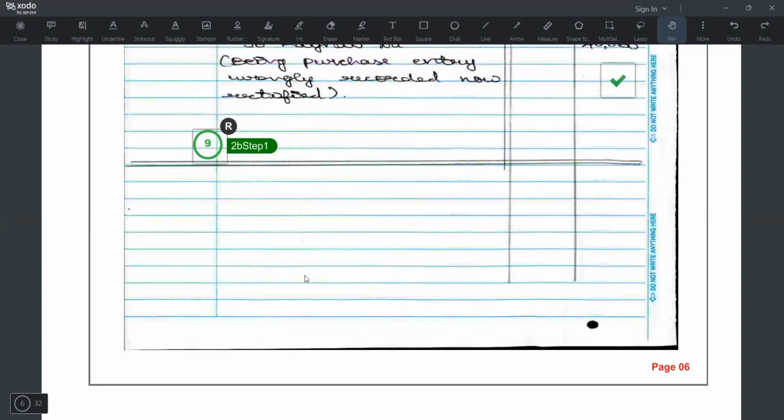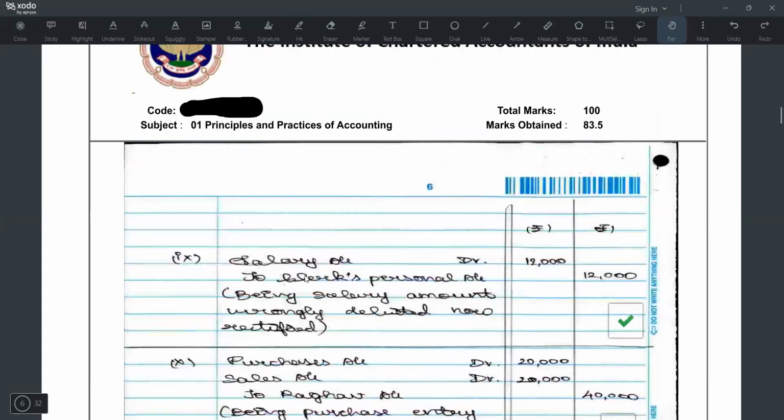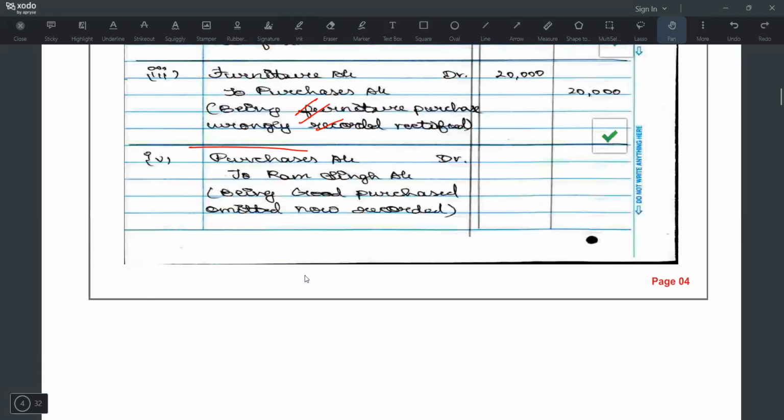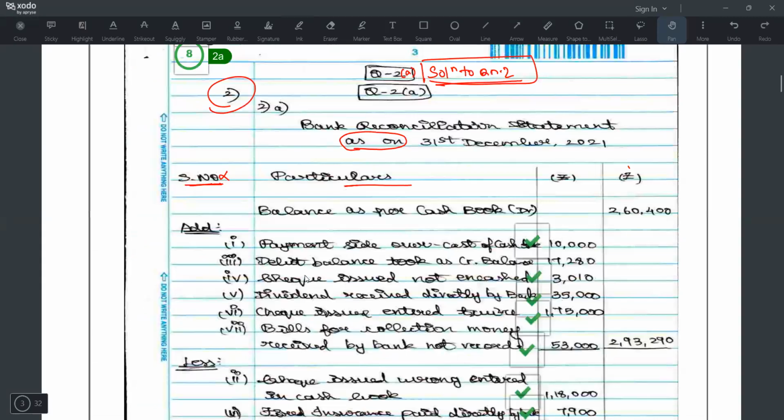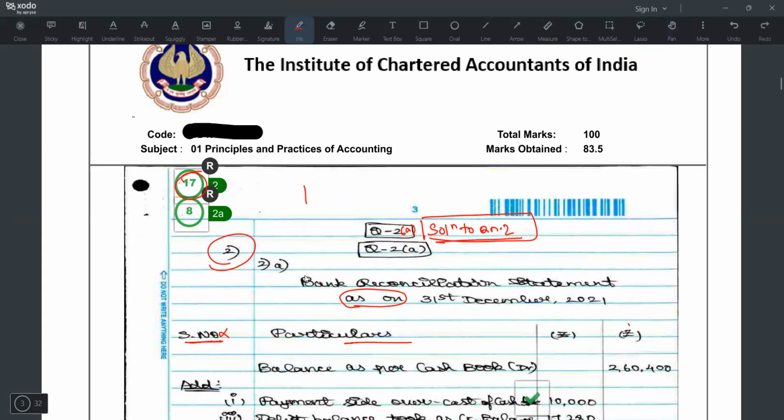He has perfectly and neatly presented and has been awarded 9 marks. So from question 2, out of 20 marks, he has scored 17 marks. Okay, next.